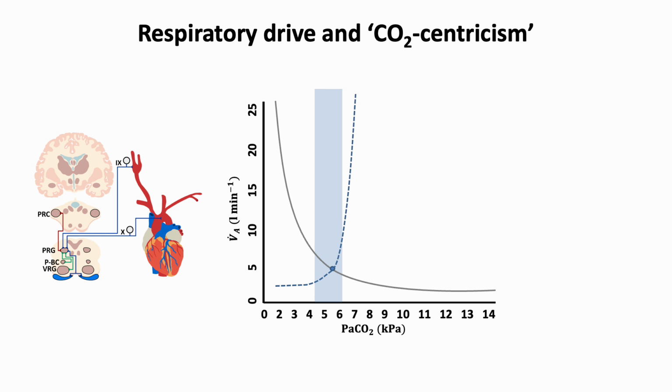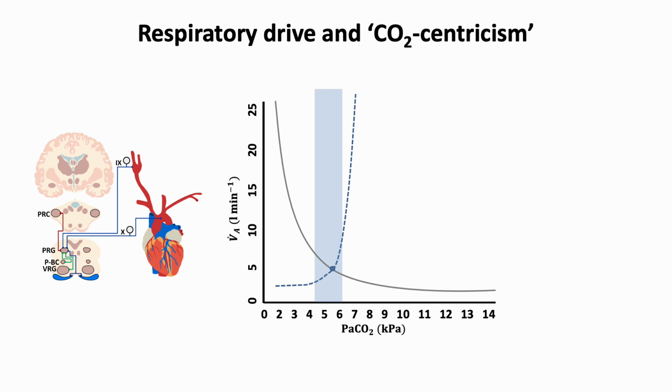When alveolar ventilation is increased, PaCO2 decreases because CO2 is washed out from the lungs, as we call it. When ventilation decreases, PaCO2 increases. Conversely, the dashed blue line shows ventilation as a function of PaCO2.